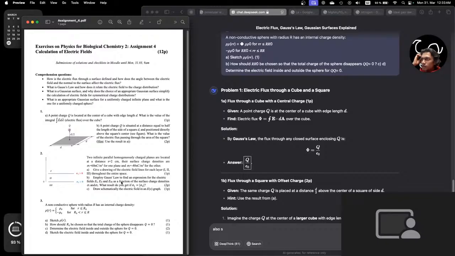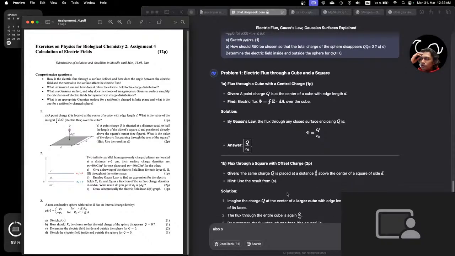By Gauss law, the flux through any closed surface enclosing Q is Q by epsilon zero. So that is the answer for the flux caused by a charge inside a closed surface.